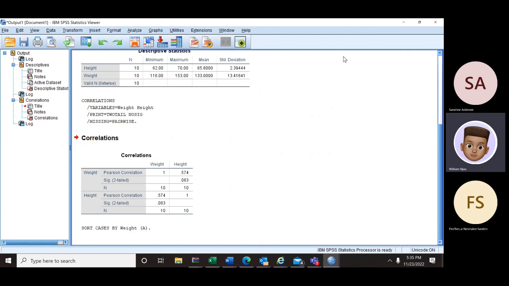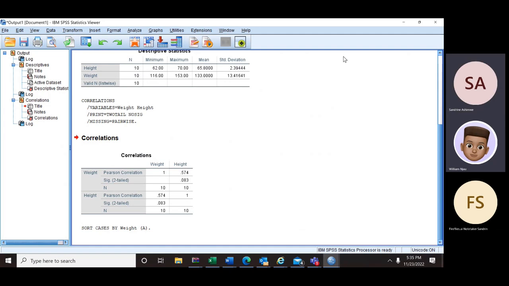In interpreting it, we normally base it on a particular level, which is 0.05. If that value is less than 0.05, then it is significant.